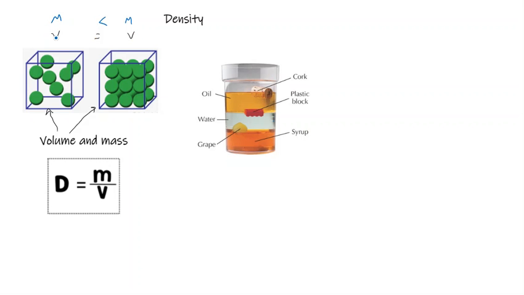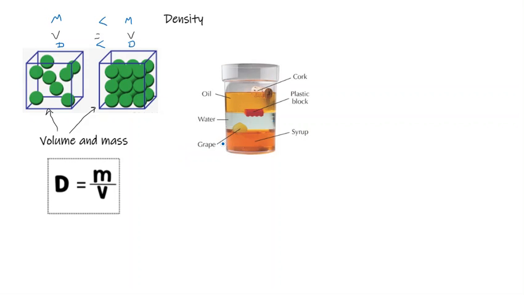Therefore, the density of this object here on the right hand side is going to be more dense than this object here. That's a way to think about it.